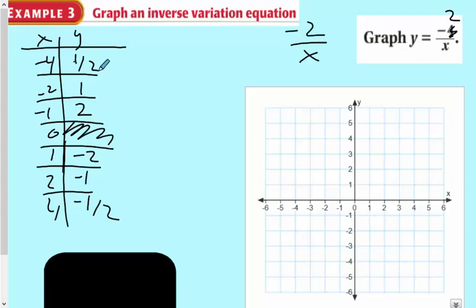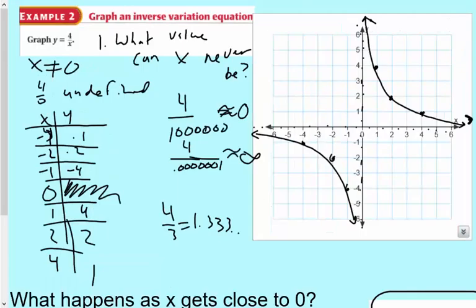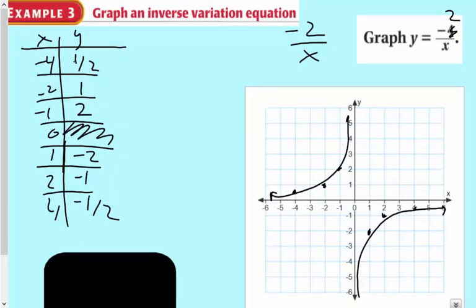You're going to see, in general, a very similar shape, except for one distinction, and that is that it's in the opposite quadrants this time. That's kind of unique, and that negative sign, we've seen that negative sign before. That negative sign is our reflection, and that's what's causing the graph to, instead of being in quadrants 1 and 3, now be in 2 and 4.